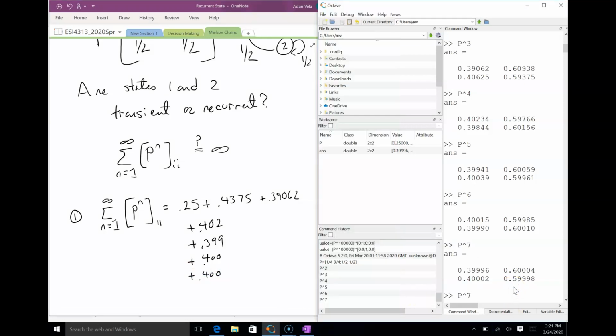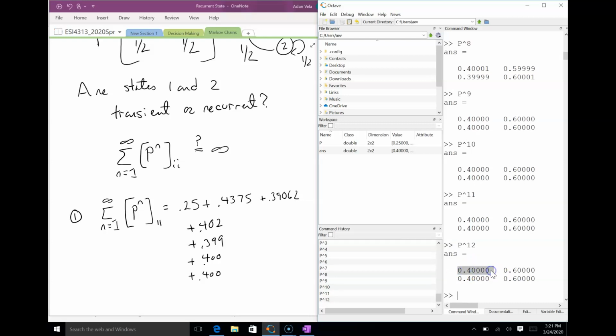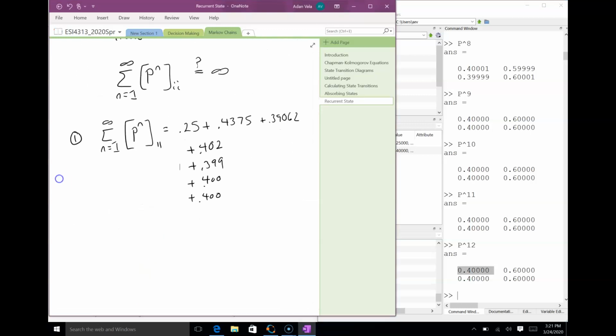In fact, if we keep doing this, we start to see that this 1, 1 term, this first entry, converges to 0.4. So we're taking this summation to infinity, so we're going to have infinity of these 0.4s.